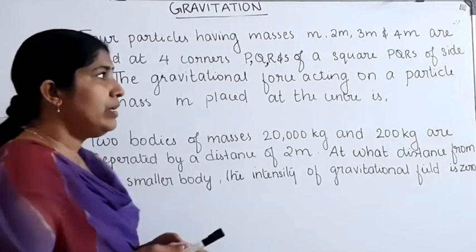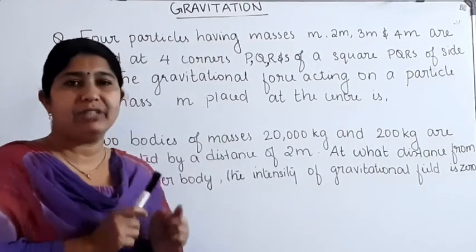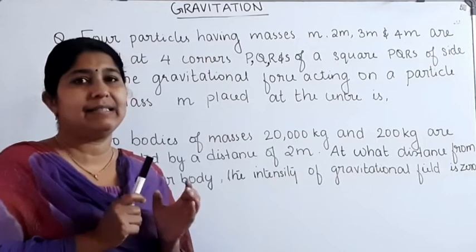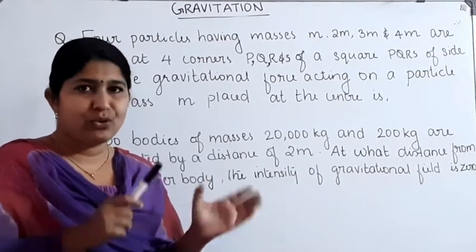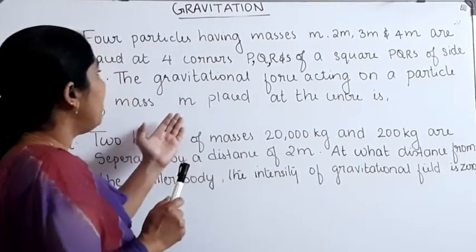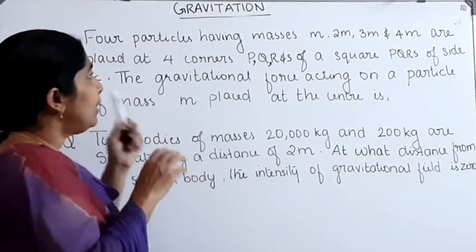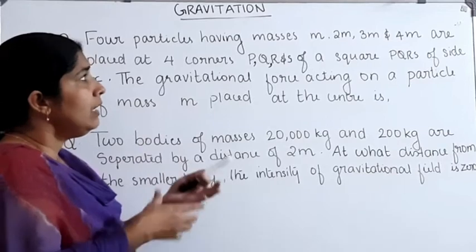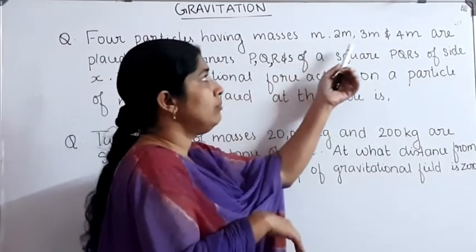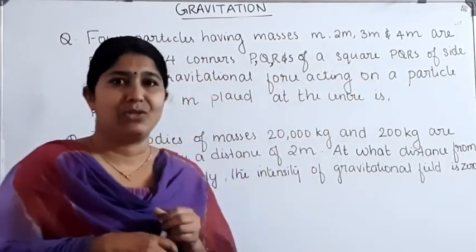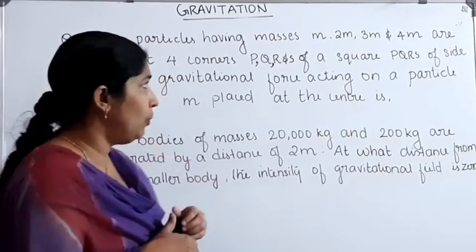We want to find the gravitational force exerted at the center of the square where a small m mass is placed. Okay, we can do the problem.